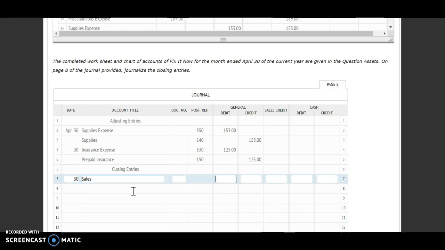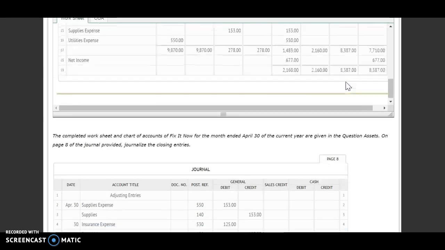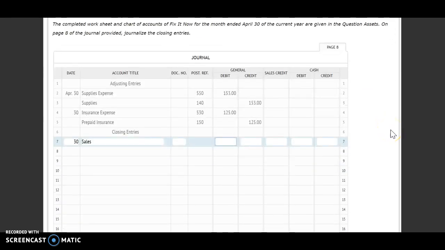Remember, I don't have a document number here because it is a closing entry. That's why we have that label of closing entries there. And I'm going to debit that for $21.60. Okay, and then I'm going to credit income summary. Income summary is kind of where I throw those numbers into while I'm closing.